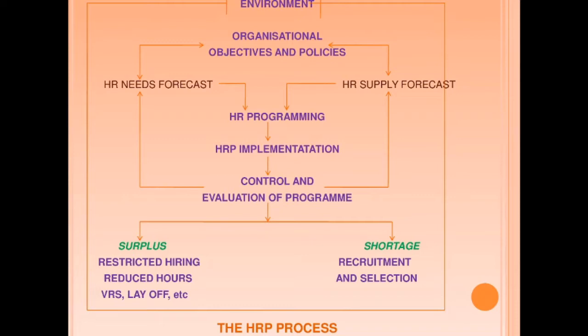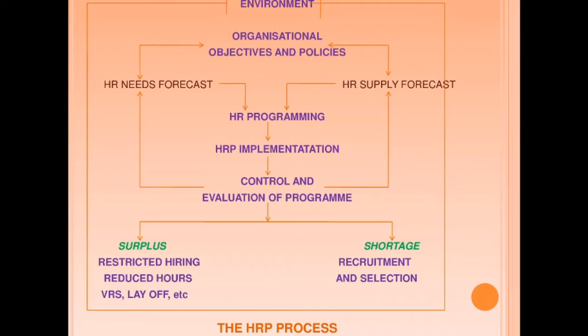Today, let us discuss the process of human resource planning. Human resource planning, as we know, is the process for ensuring that the human resource requirements of an organization are identified and plans are made for satisfying those requirements.